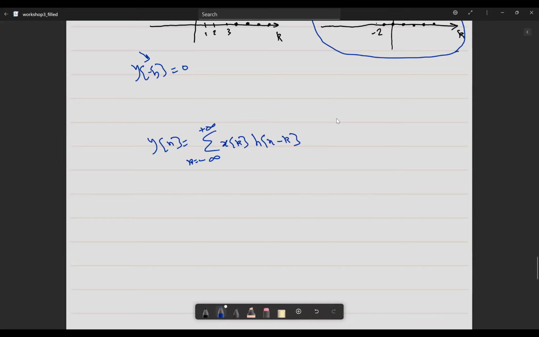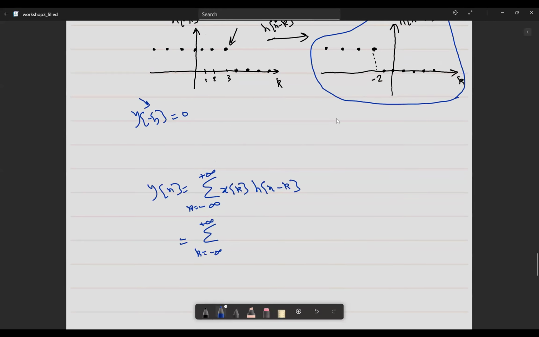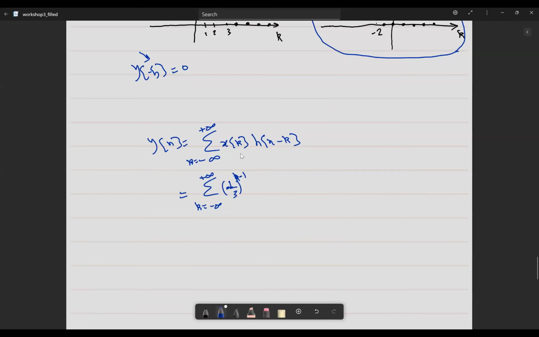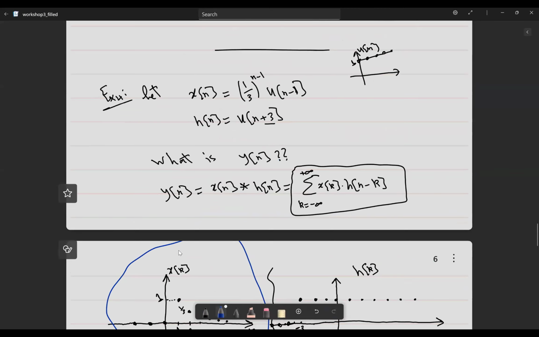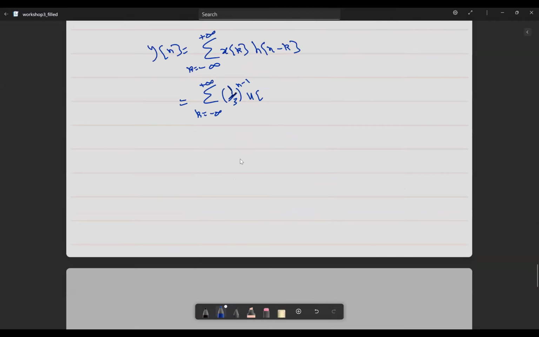Let's substitute x[k] and h[n minus k]. x[k] was one-third to the power k minus 1, because we have changed the independent variable from n to k, times u[k minus 1].